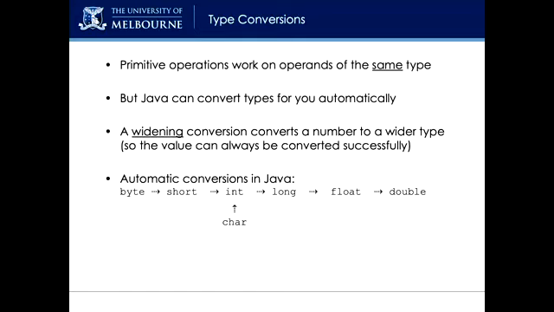But that's not to say that if you, for example, take two integers, divide them together, and then store that into a double, you'll still get the mathematical equation, like you would have in Python, actually calculated before the conversion. So you'd have a calculation of two integers, and then it would be stored as a double.